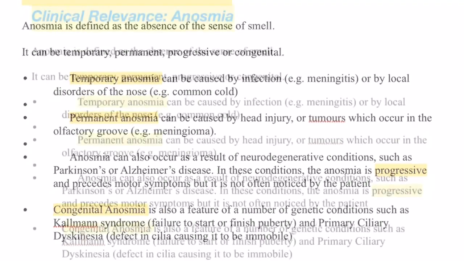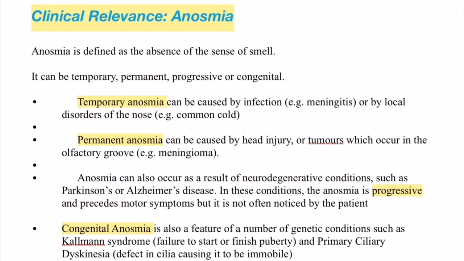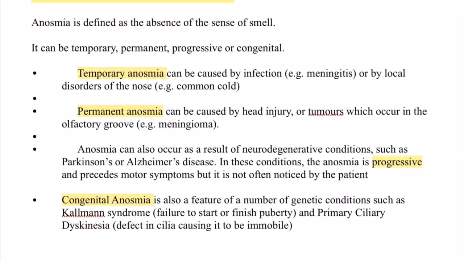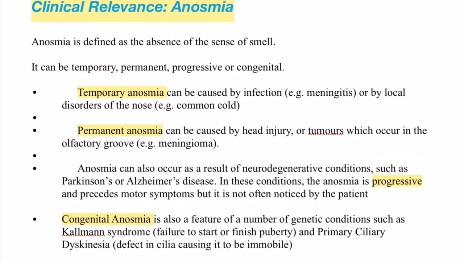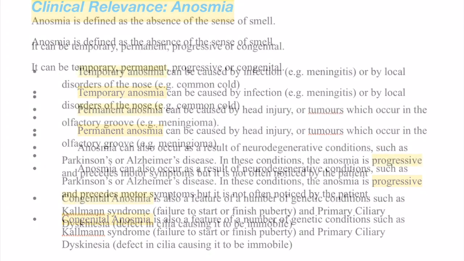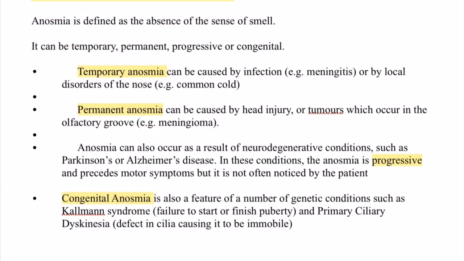Anosmia is also a feature of a number of genetic conditions, such as Kallmann syndrome, which is failure to start or finish puberty, and primary ciliary dyskinesia, which is characterized by a defect in cilia which causes them to be immotile.